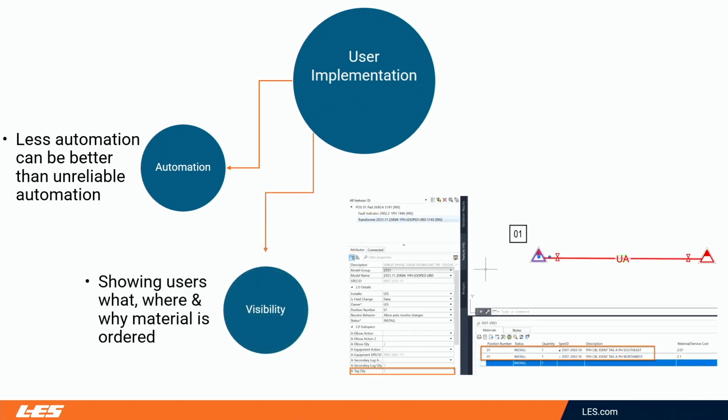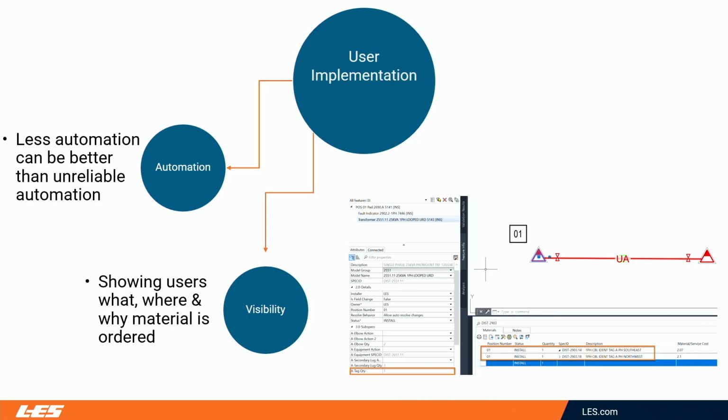Visibility was another one, and that runs in with the automation as well. So we found that it was important to show the users what, where, and why materials are being ordered. I know it's probably hard to see, but in our feature info screen, at the bottom there, it says we have a tag quantity of 1.